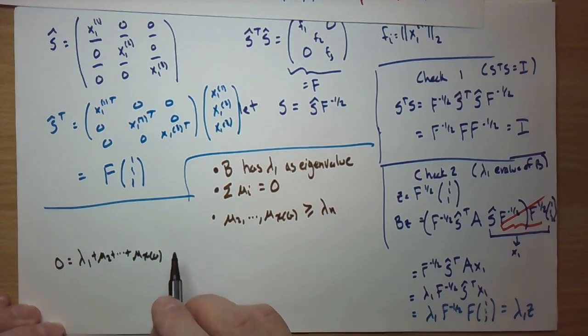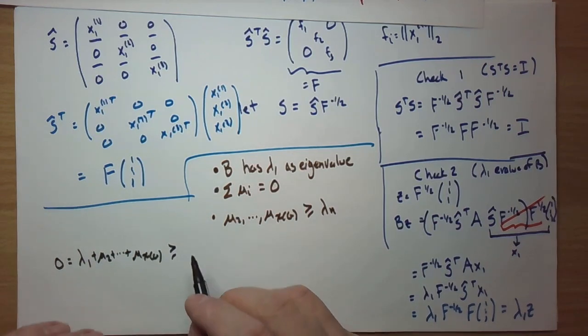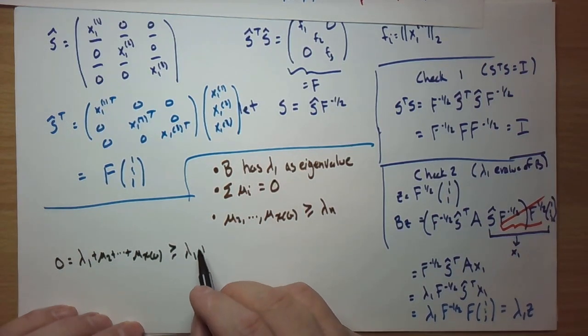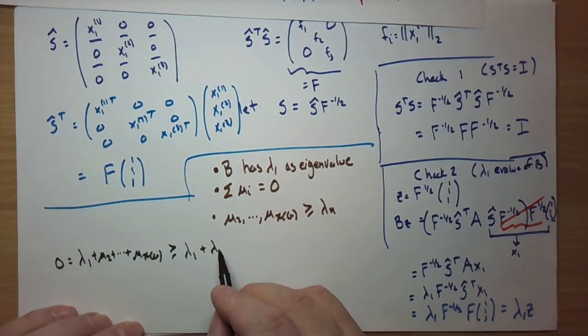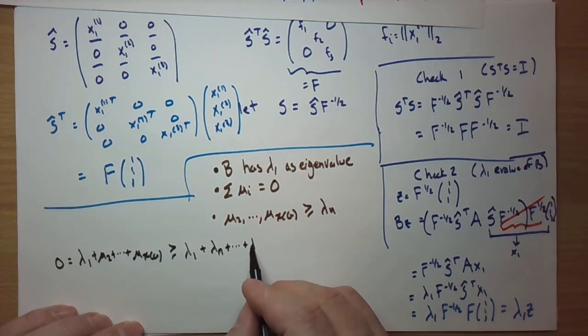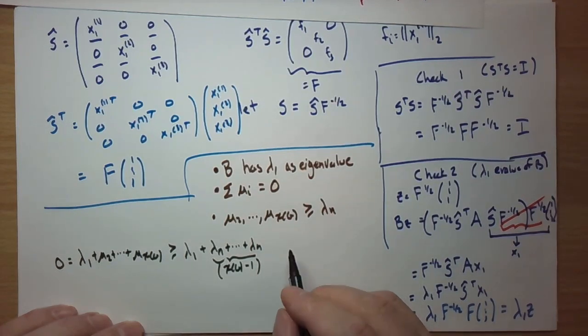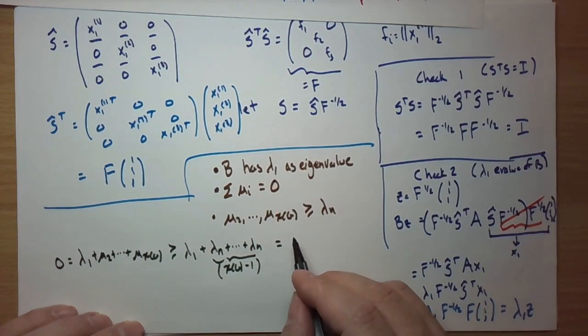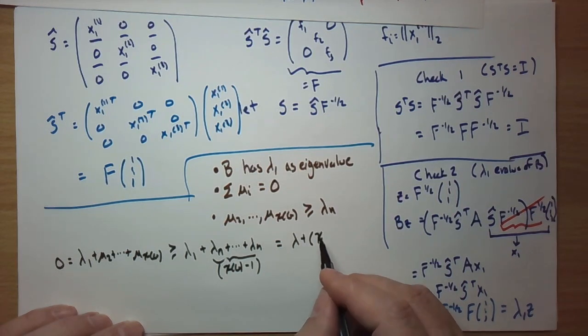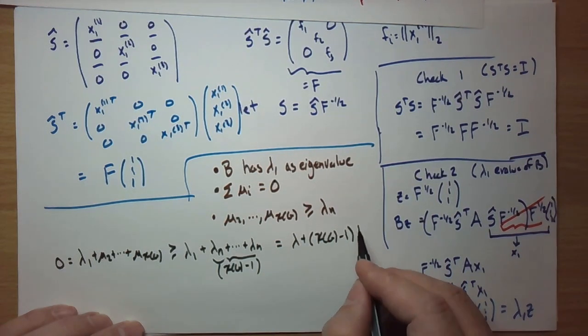Well, that has to be greater than or equal to lambda 1 plus lambda n plus all the way down to lambda n, and here this is chi of G minus 1 times. So that's lambda 1 plus chi of G minus 1 times lambda n.